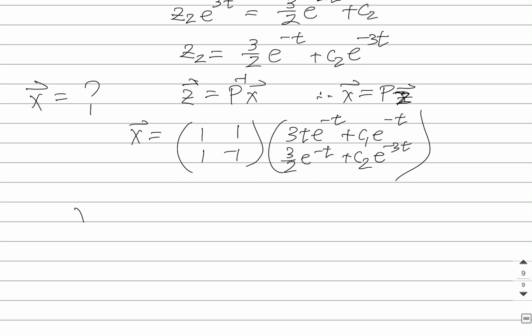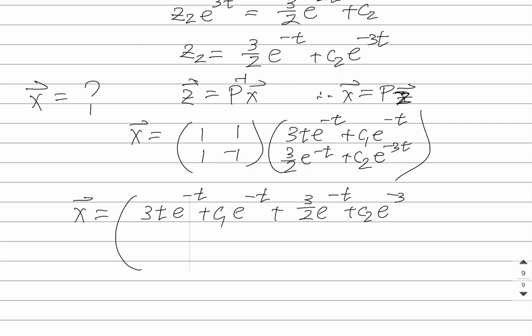If we do a matrix vector product, we'll have 3t e to the minus t plus c1 e to the minus t, added to everything in the bottom row, c2 e to the minus 3t. And similarly, we'll have 3t e to the minus t plus c1 e to the minus t, subtract everything in the bottom row.